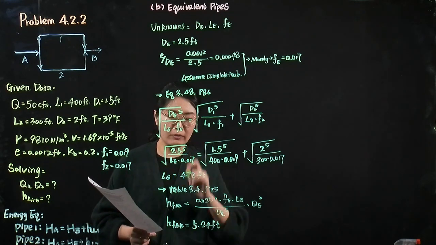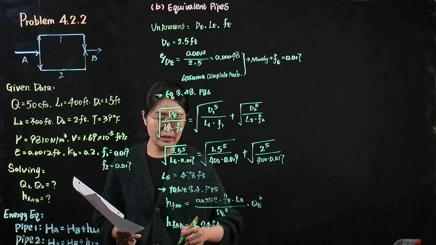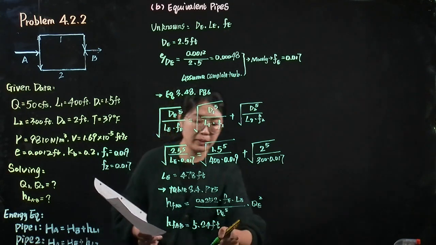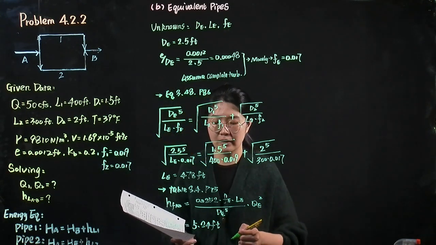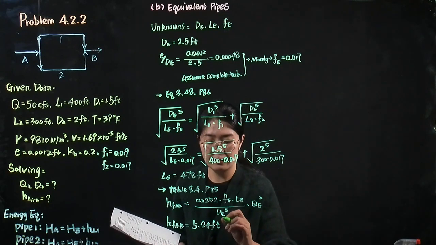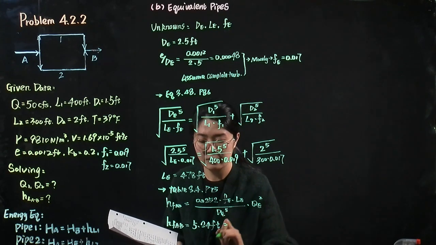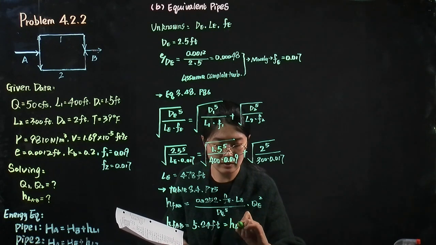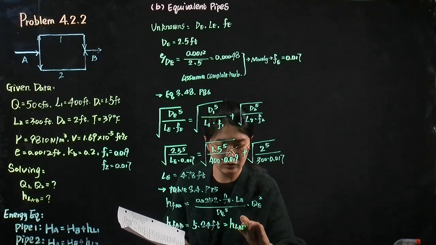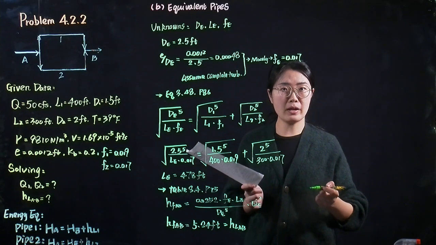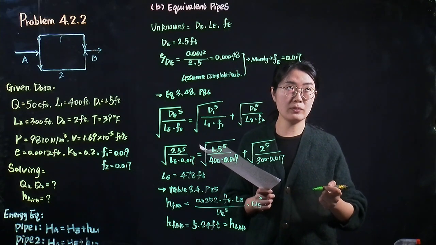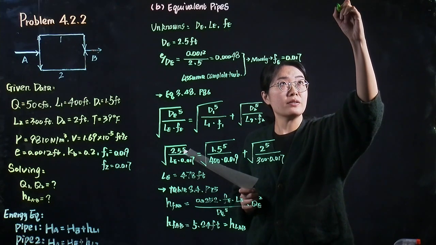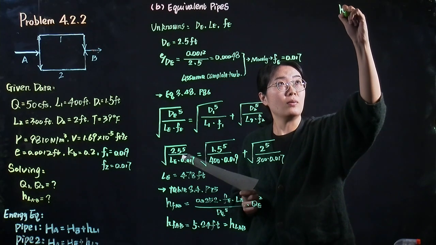And it should be noted that in this method, we neglect the minor losses. So the friction loss equals the head loss from point A to B, because the head loss from point A to B equals the loss in pipeline 1.